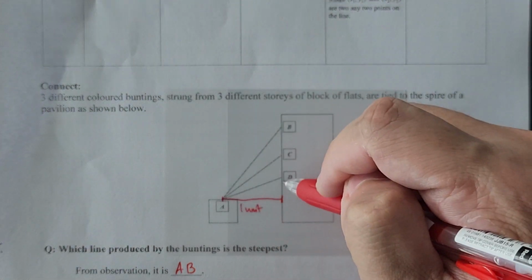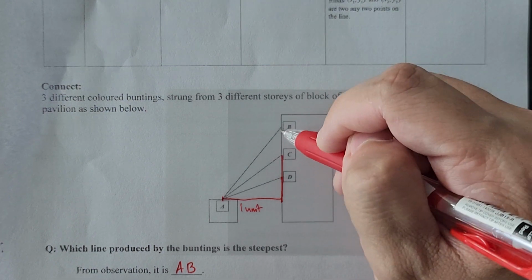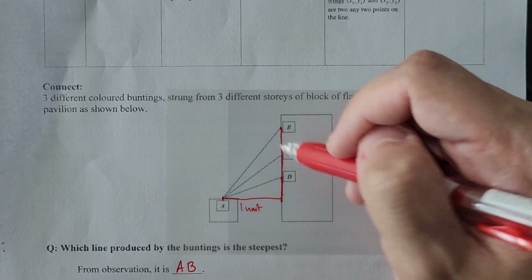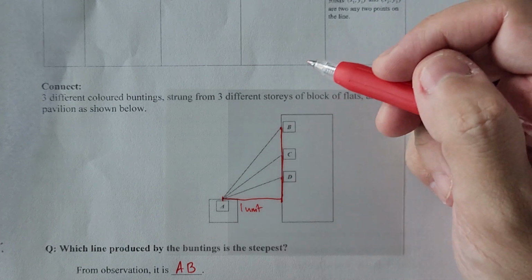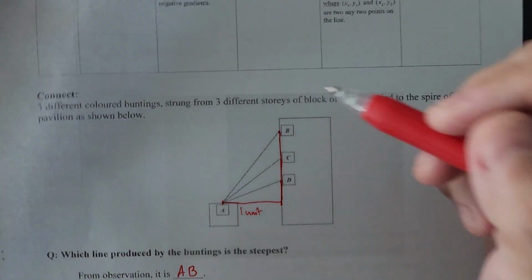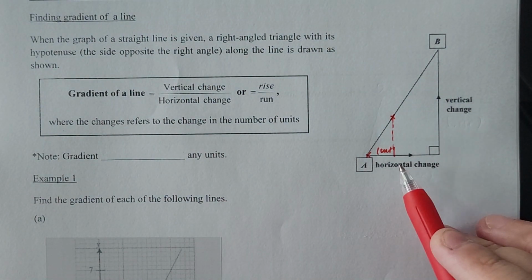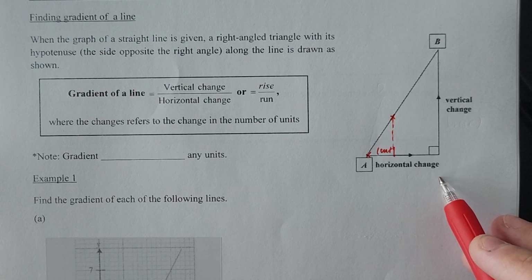What is my change in height? For D it is this much, for C it is this much, for B it is this much. So basically, the higher it is, the bigger the value is, which means the steeper it is. That is why you have to take the vertical change and divide by the horizontal change.